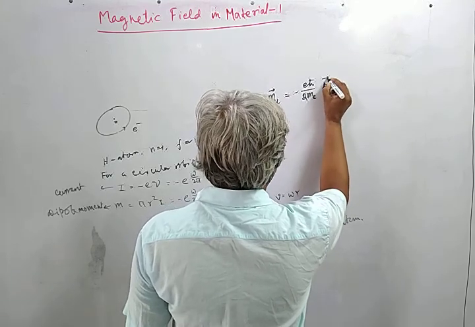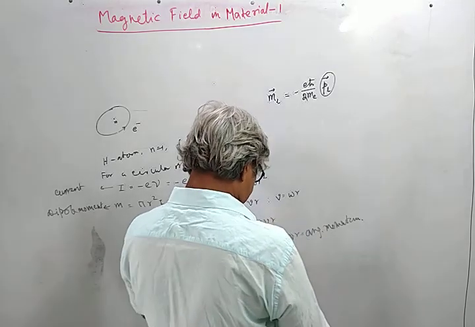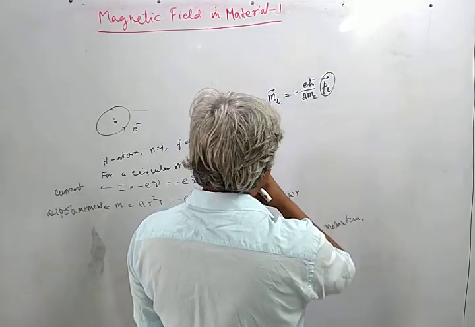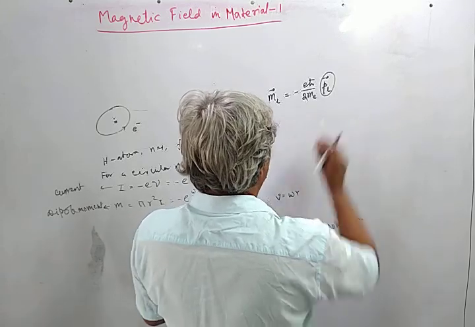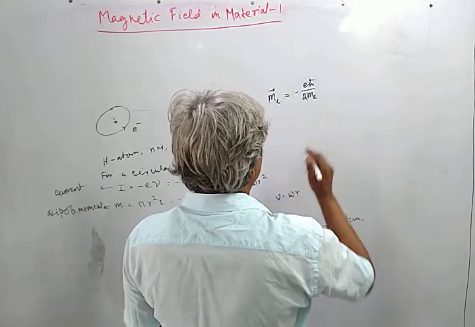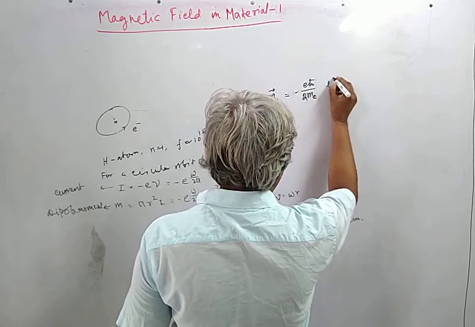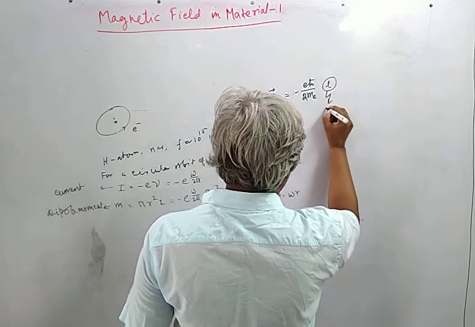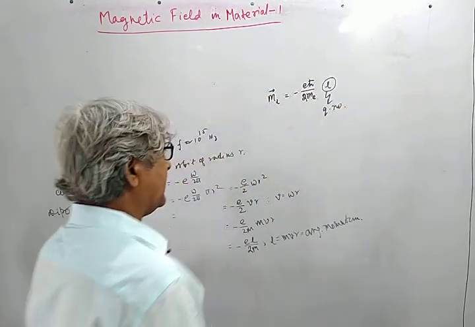This is PL, the angular momentum vector, which we have written as L, times the quantum number associated with the orbital angular momentum.